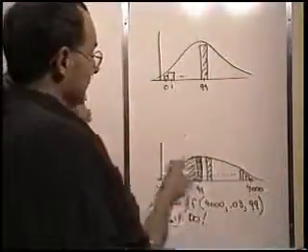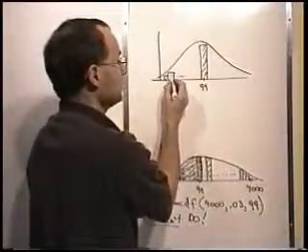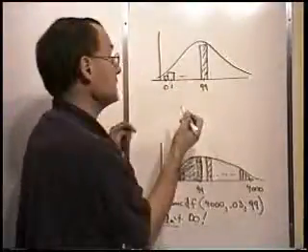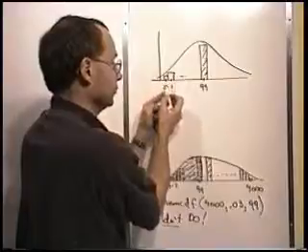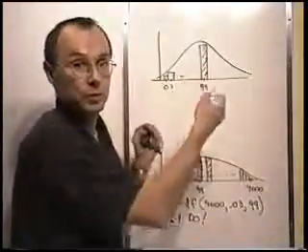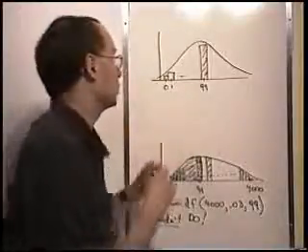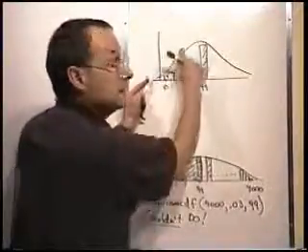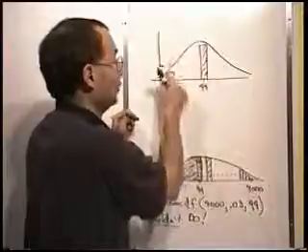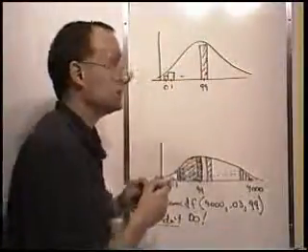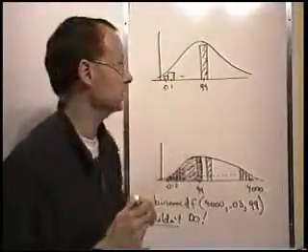Very important is this. The binomial distribution is what we call discrete. It has either 0 or 1 or 2 or 3 successes. It doesn't have all the little numbers in between, whereas a normal distribution is continuous and has all the in-between values. So we have to use something called a continuity correction.